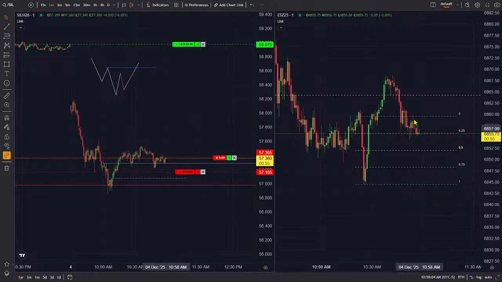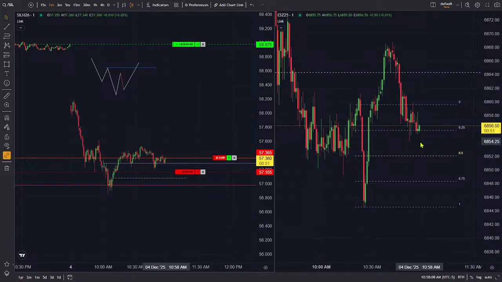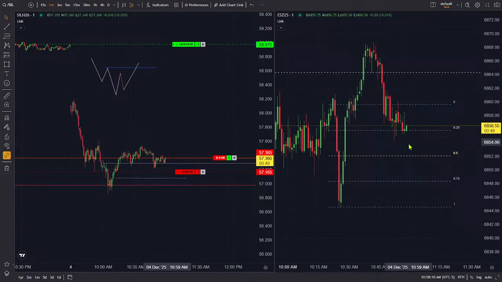Man, ES is really doing some moving over here. No fair value gap to the upside over here.